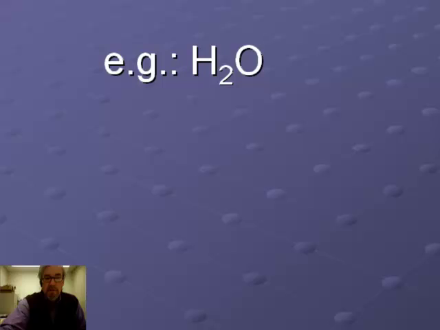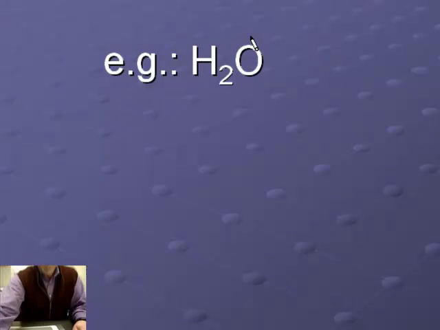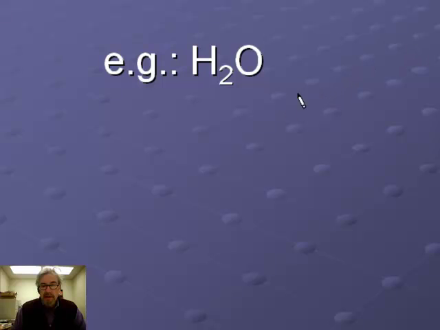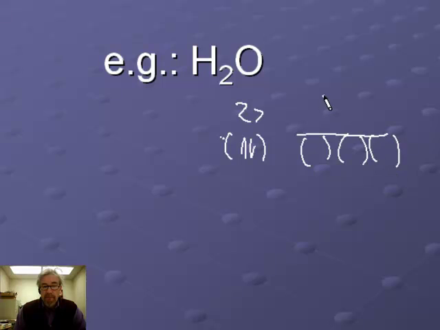Now let's take a look at H2O. How could this happen? I'm going to look at an oxygen first and start by drawing oxygen's electron configuration notation. So oxygen is, looking only at the valence level, 2s, that's full, and 2p, and it's 1, 2, 3, 4. Hydrogen.